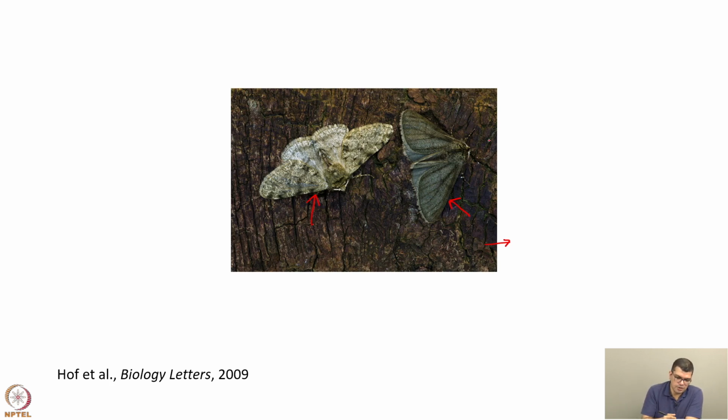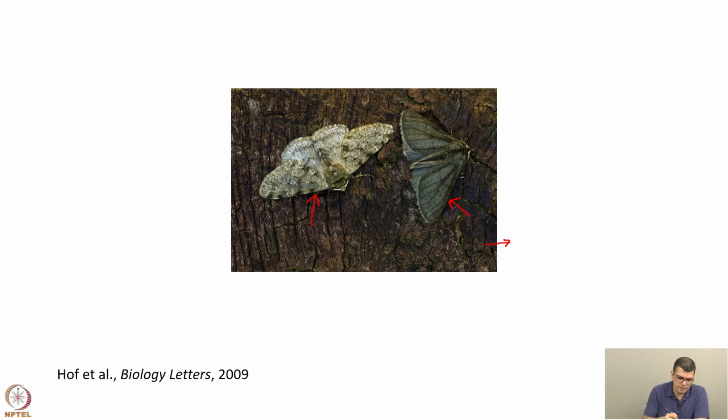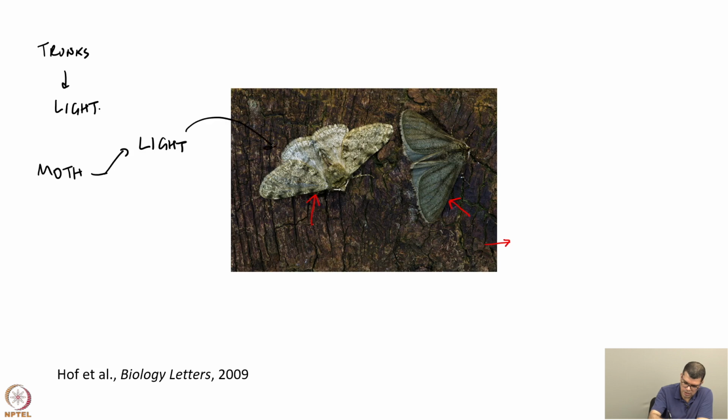And prior to this soot settling on these trunks, imagine the following scenario: trunks were light in color because the soot had not settled on them, and when we are talking of these moth populations, there were two kinds. One is this light variant, and the other one is this dark variant.